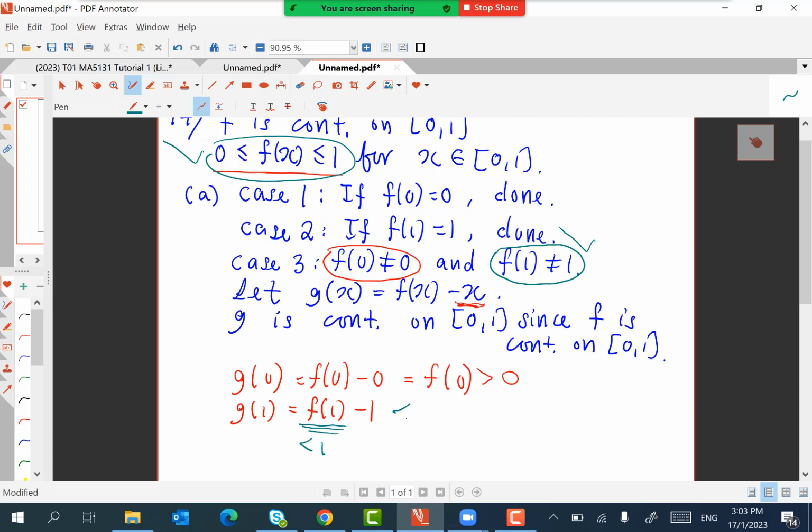So therefore g(1) is less than 0, since f(1) is less than 1.